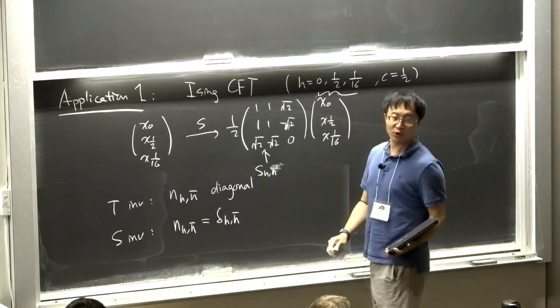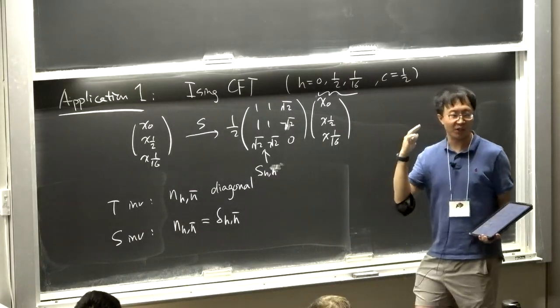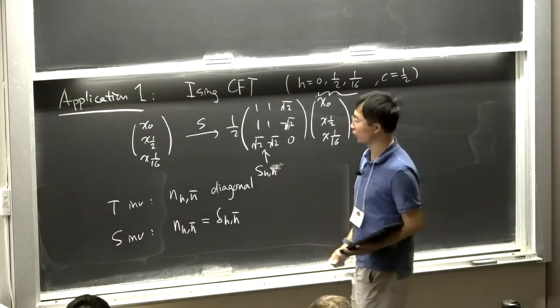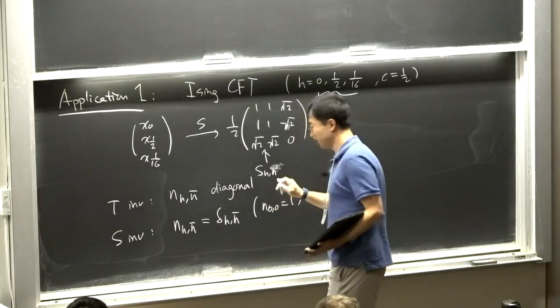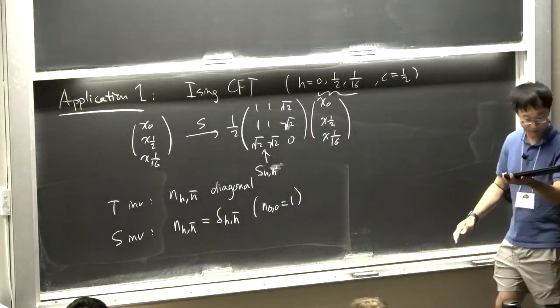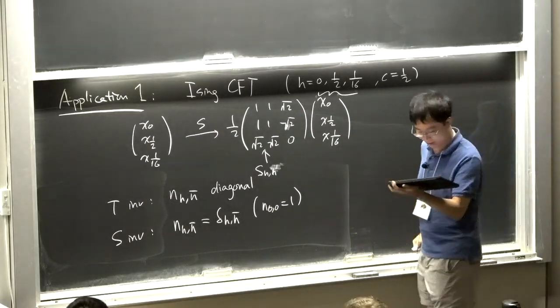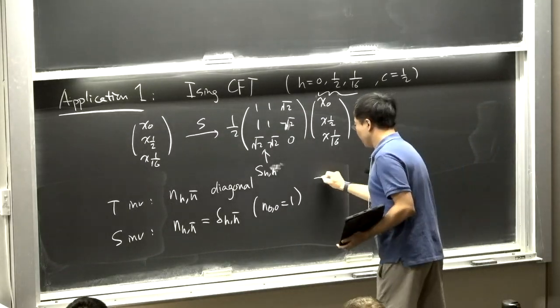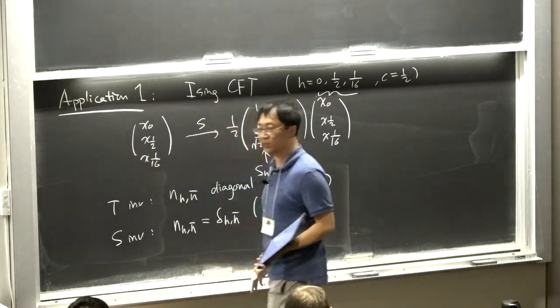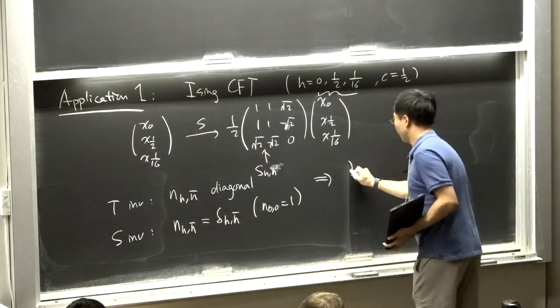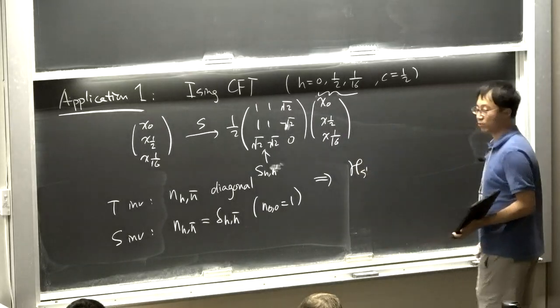And it's completely fixed to be the identity matrix by the condition that our CFT has a unique vacuum, so that n0,0 is 1. Thanks for the previous question that closed this logic. And this, together with the ansatz, completely determines the Hilbert space of the putative Ising CFT on S1.